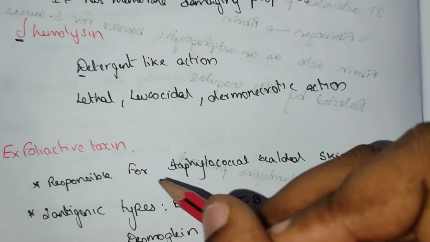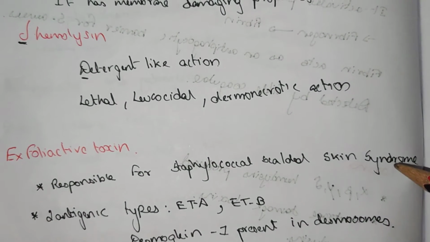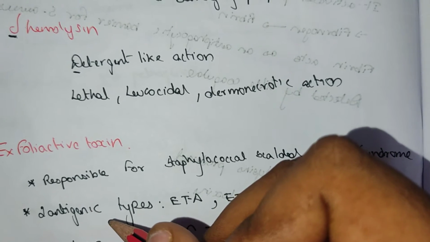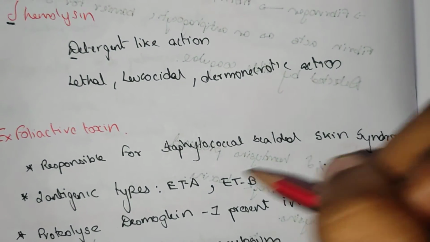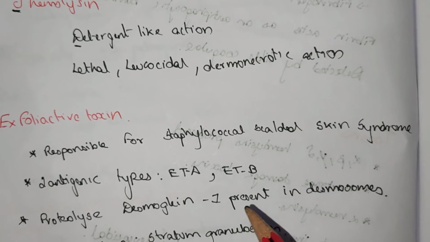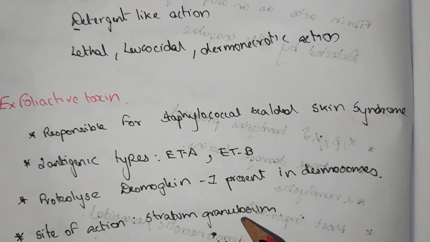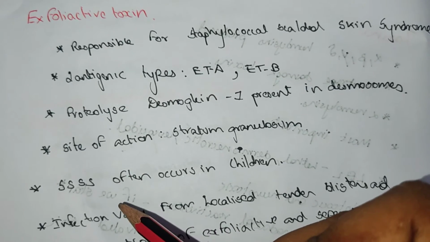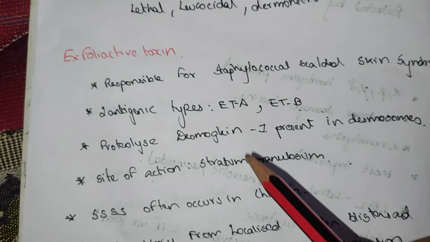Exfoliative toxin is responsible for staphylococcal scalded skin syndrome. There are two antigenic types, ETA and ETB. The protease acts on desmoglein 1 present in desmosomes. The site of action is the stratum granulosum. This is often seen in children.